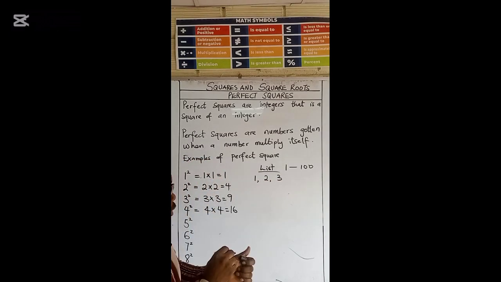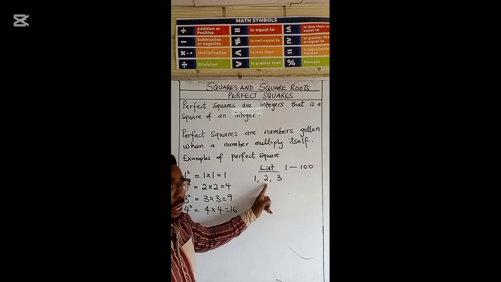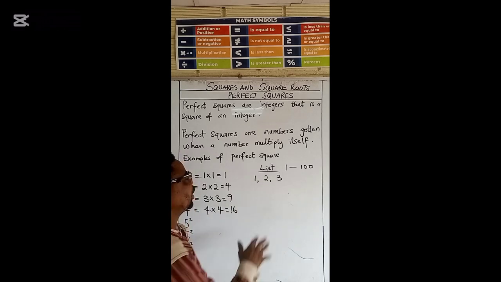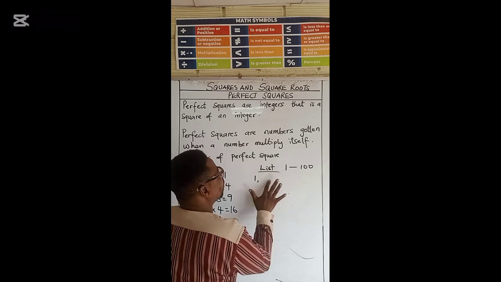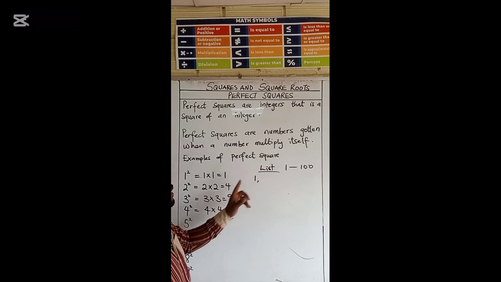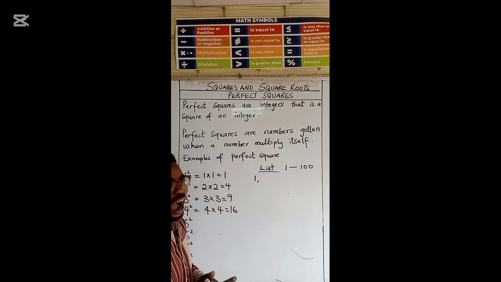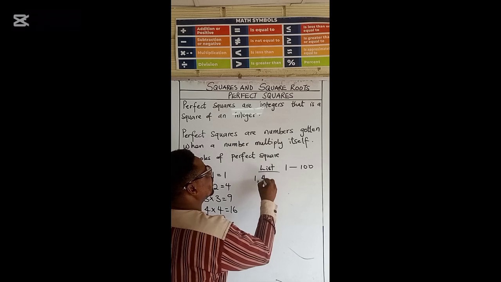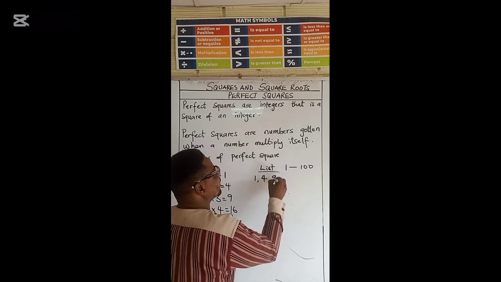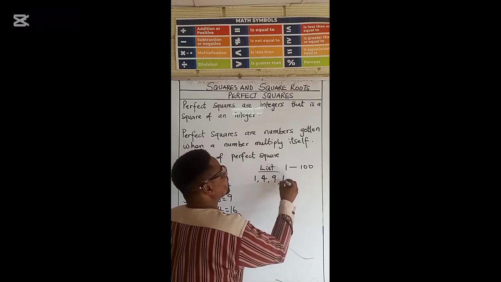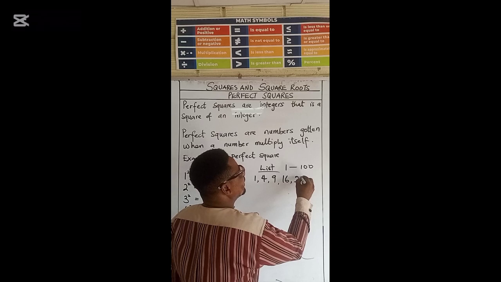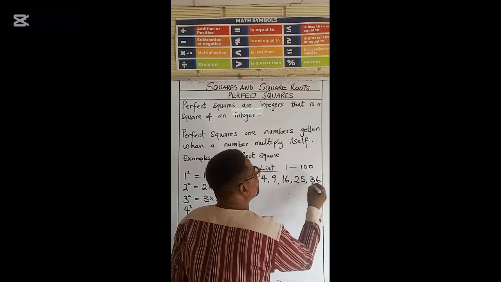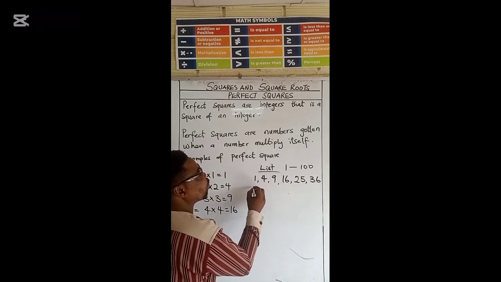No, because 2 is never a perfect square and 3 is never a perfect square. Now, 1 times 1 is 1. After 1, what number is it? 2. 2 times 2, 4. Then 3. 3 times 3, 9. 4. 4 times 4, 16. And so on.